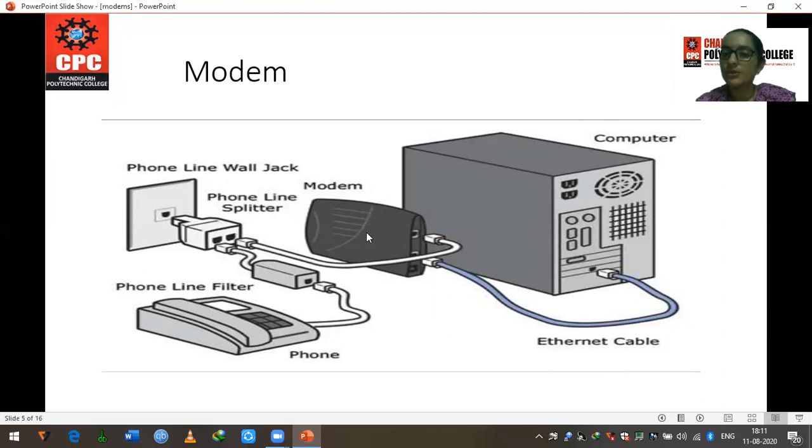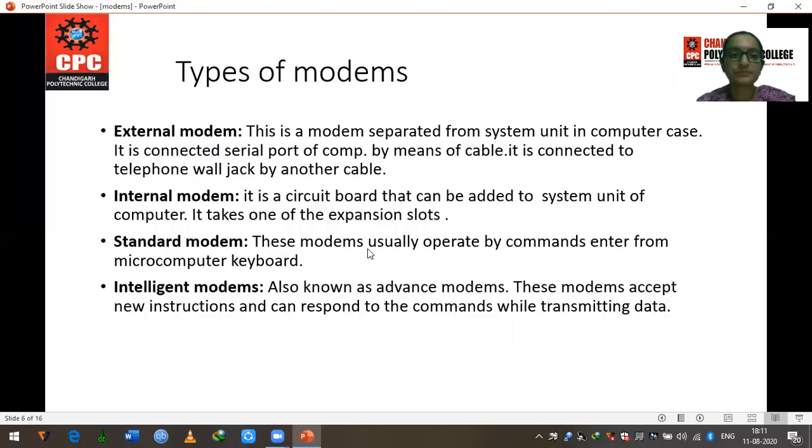One part goes to the modem, and the other goes to the line filter. The line filter is connected to our phone, and the second part, which was connected to the modem, connects with the help of an Ethernet cable to the computer. So this is the basic setup of a modem.